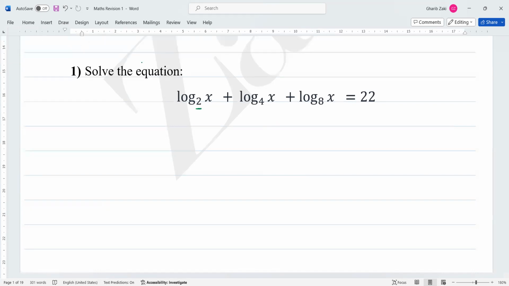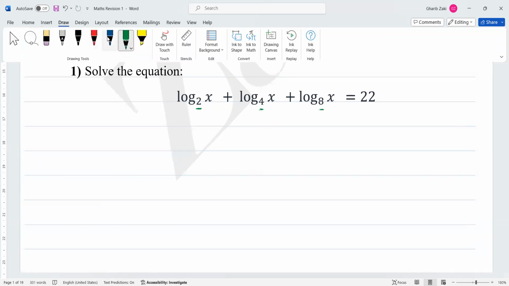So this is log x to the base 2, log x to the base 4, log x to the base 8. We need to change it to the same base. We can say log, and log means log to the base 10. Then we convert all to log to the base 10.